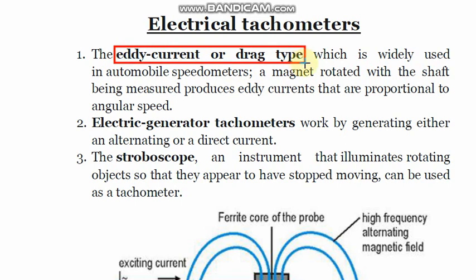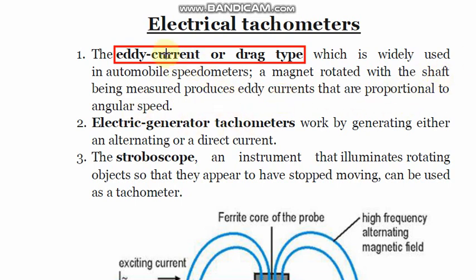The first type is eddy current or drag type, which is widely used for automobile speedometers, in which a magnet rotated with the shaft being measured produces eddy currents that are proportional to angular speed.